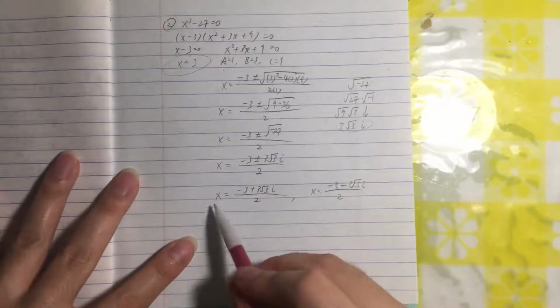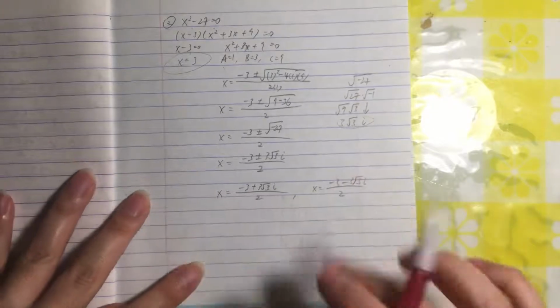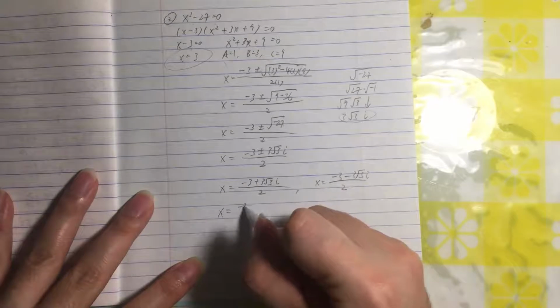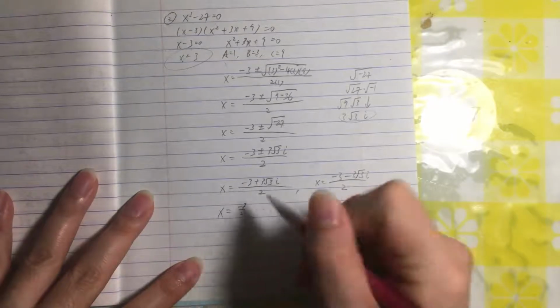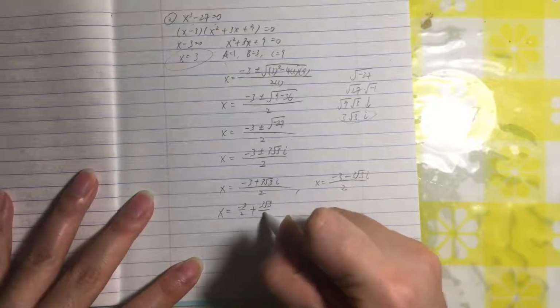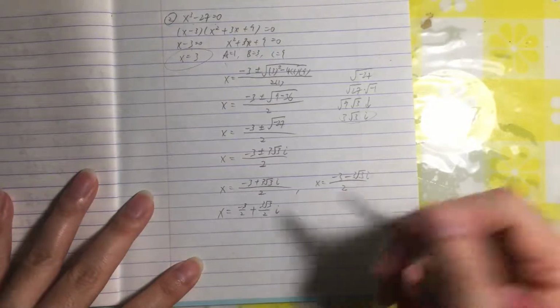In general, if x is a complex number, try to write the real part and the imaginary part separately. So for the real part here, I take negative 3 over 2. For the imaginary part, write 3 square root of 3 over 2 i. That's the real part, and that's the imaginary part.